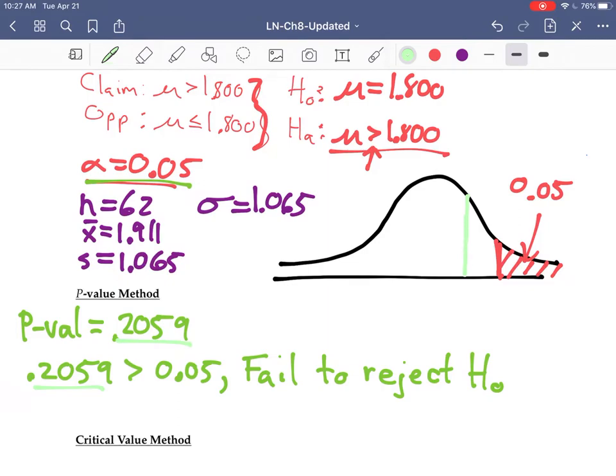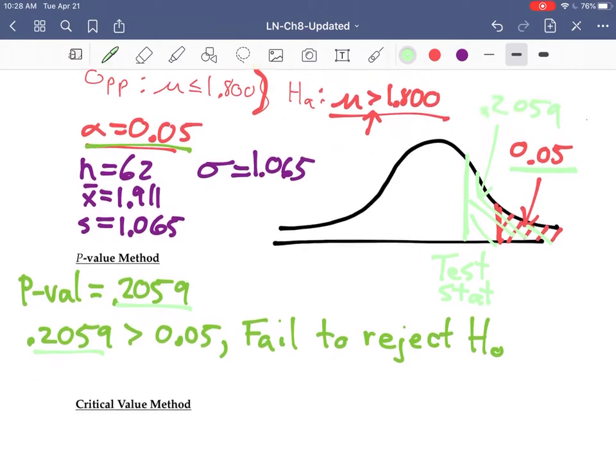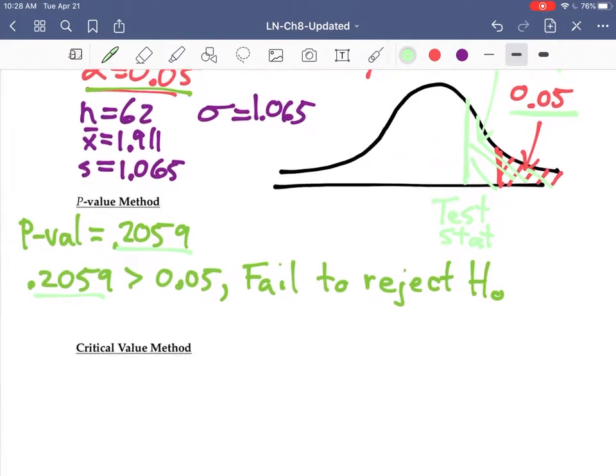So somewhere up here, there is this area of 0.2059 to the right of this test statistic that we would have calculated. So that area is more than the area in that tail, that region of rejection, so we fail to reject the null. We are not in the region of rejection.